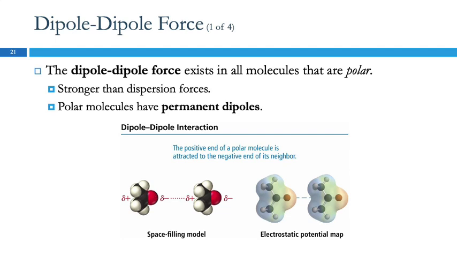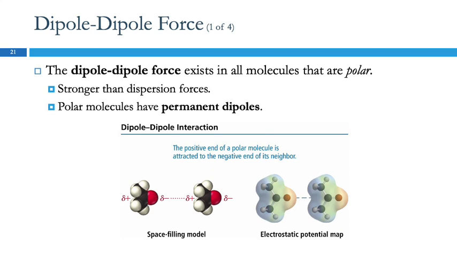Much stronger. Okay. So the next type of force is called the dipole-dipole force. It's a force of interaction between two dipoles. So these exist in all molecules that are polar. In the previous chapter, we talked about shapes of molecules and polar bonds and how to identify whether a molecule was polar or not.